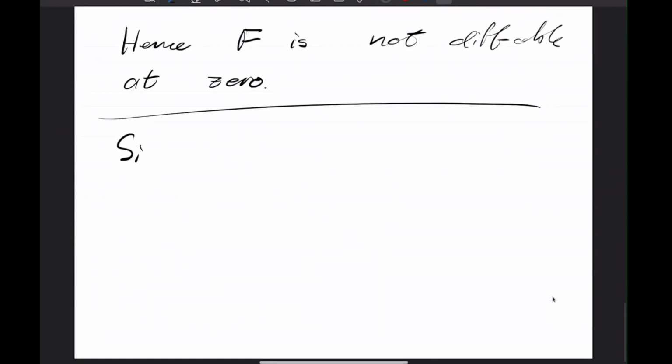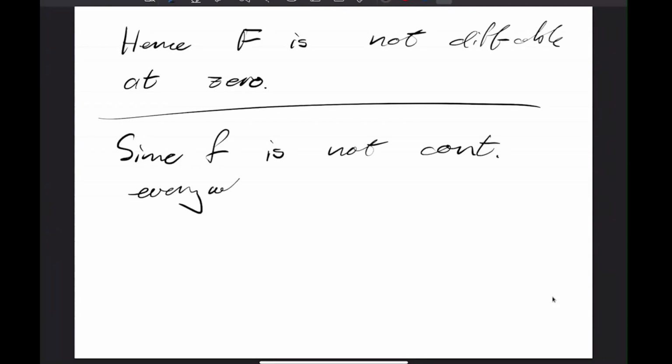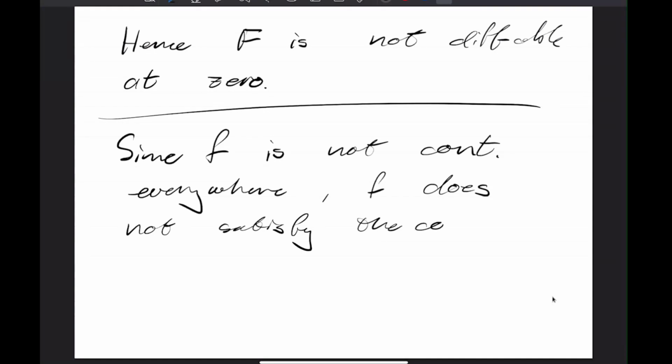So since little f is not continuous everywhere, little f does not satisfy the conditions to be able to apply theorem 4.3.4. So we cannot apply theorem 4.3.4.